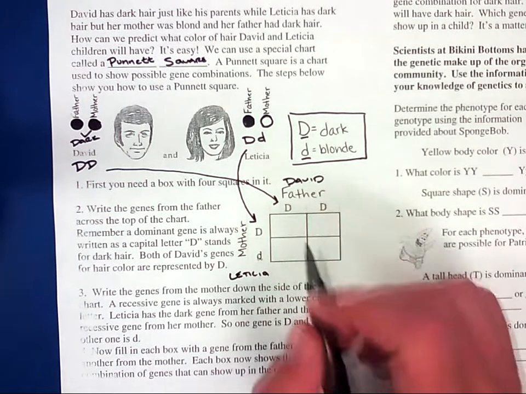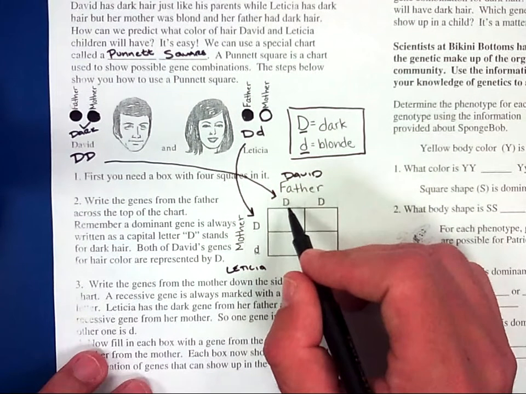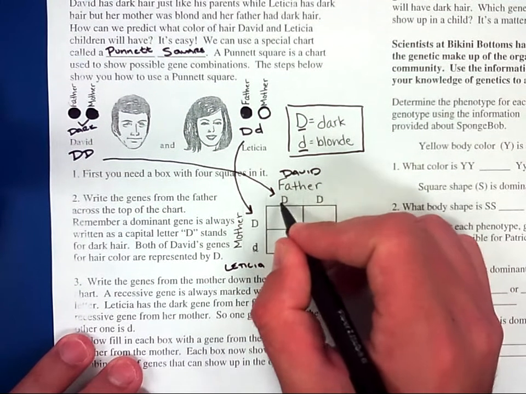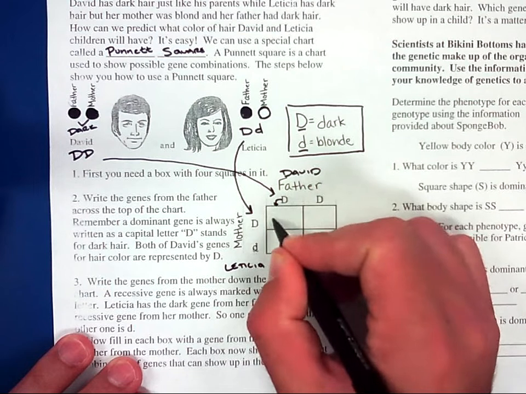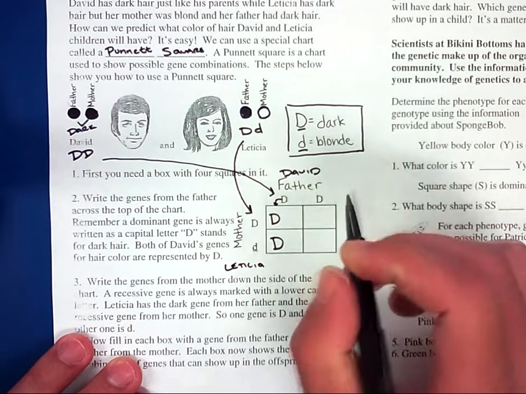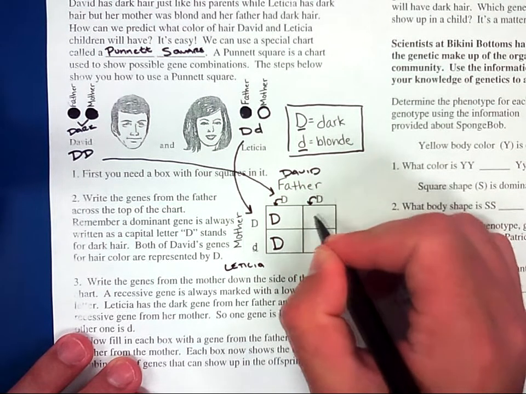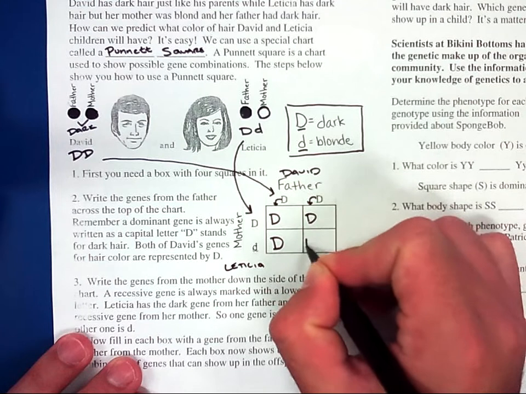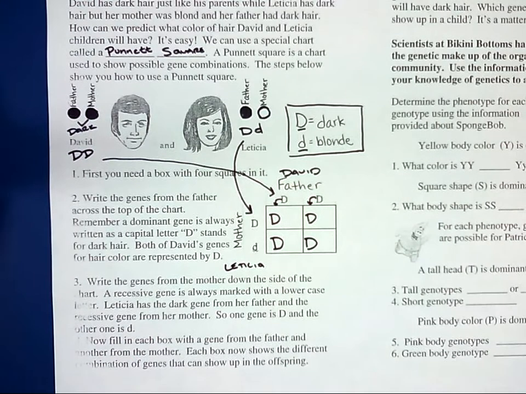Now, what do we have to do with the ones on top? Drag them down. Yep, drag them straight down. So capital D, capital D. And you do the same thing for this one because it's still on top.